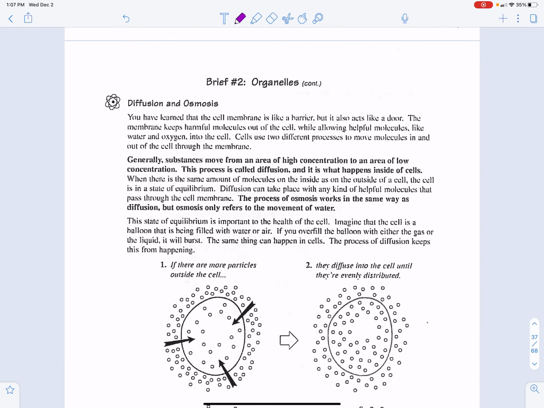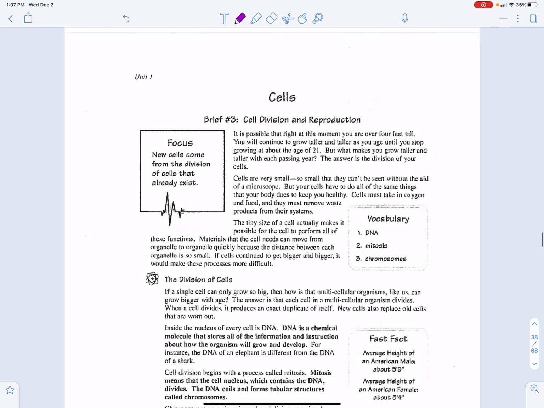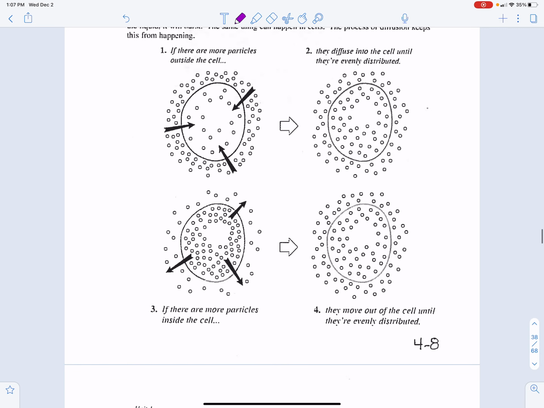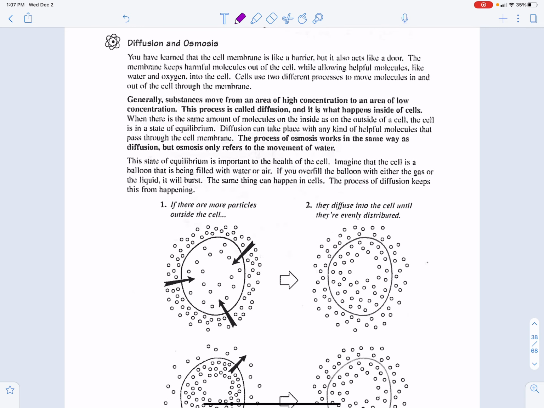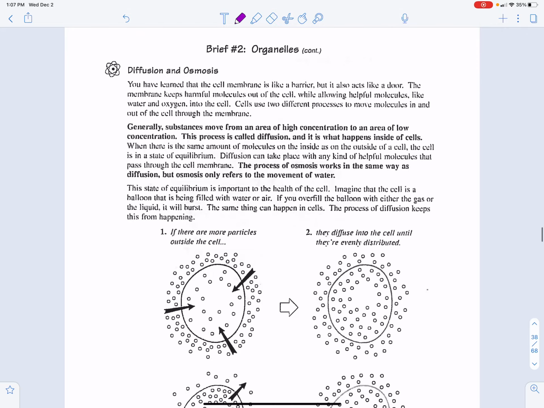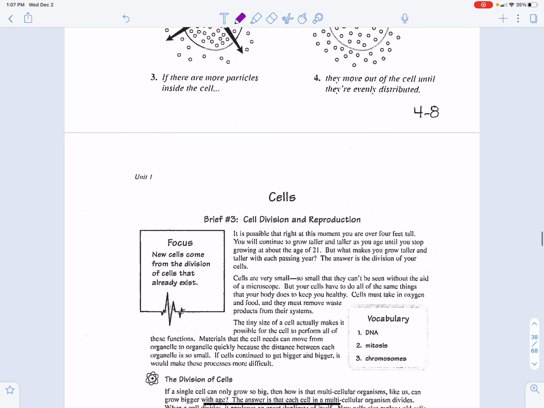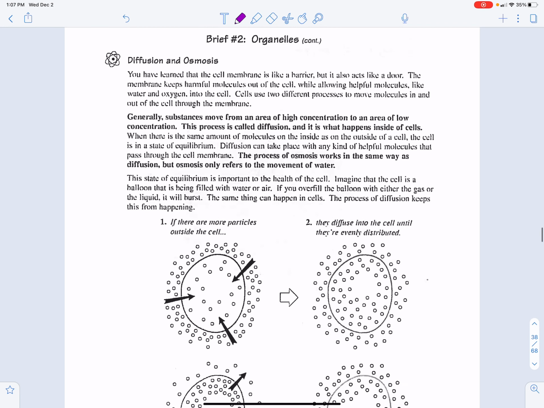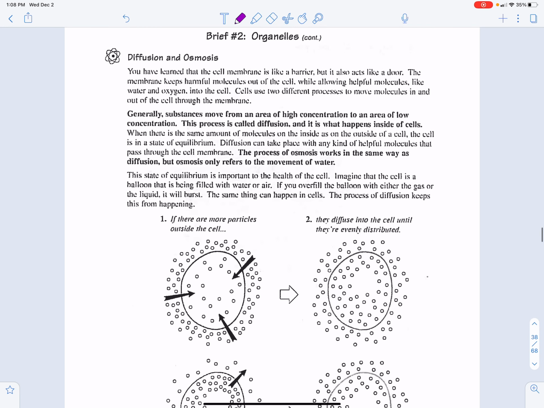Okay. A couple more terms here. Yeah, we'll get through a few more of these, I think. And we're probably going to stop once we get to this point here. So diffusion. There's a couple terms here, osmosis and diffusion. Diffusion is a process by which, once again, I'm going to use stuff.